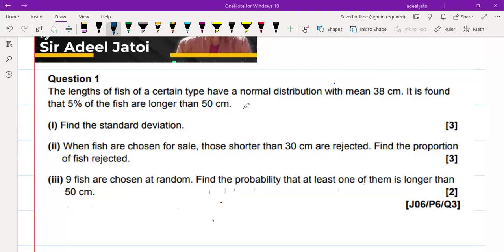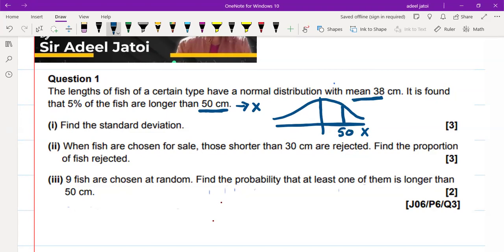Now, there are a few things that need to be understood. Number 1 is, 50 centimeter is the value of what? X. 38 is your mean. Now, 50 is what? More than the mean. So when you will be writing it down in the normal curve, this X will be noted as 50 here, and this will be more than the mean.